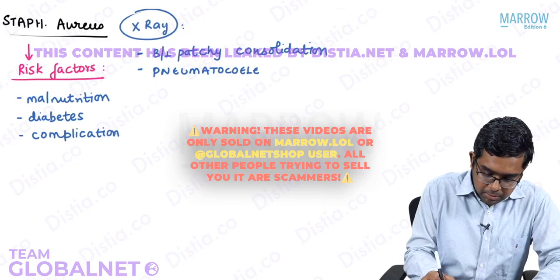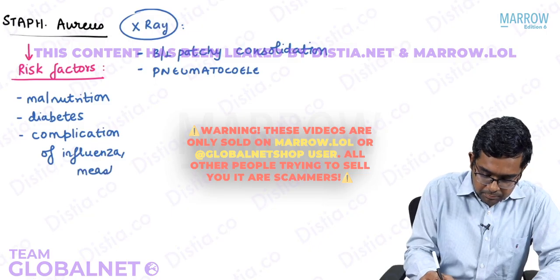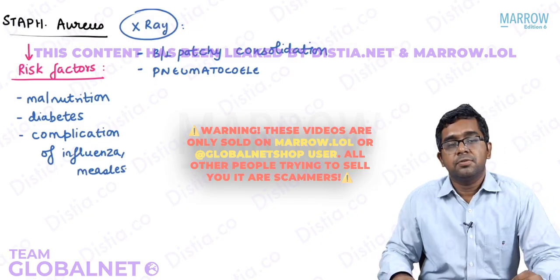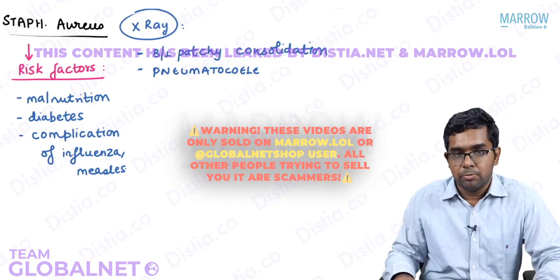It could occur as a complication of influenza or measles virus infection. These are some of the risk factors for development of Staph aureus associated pneumonia.